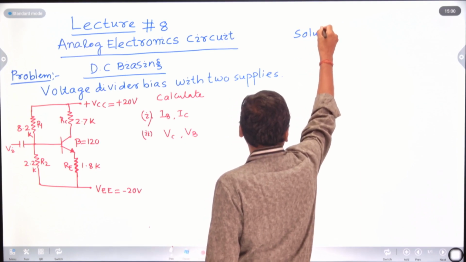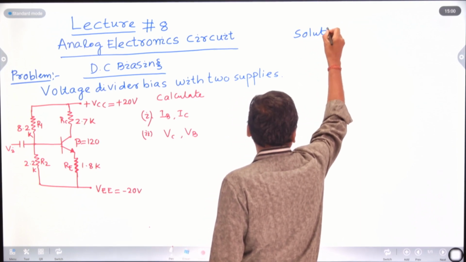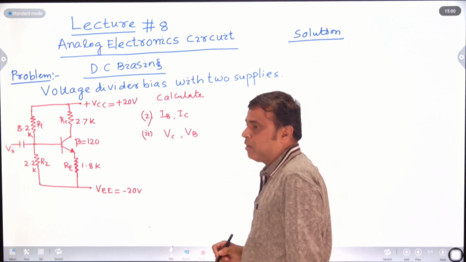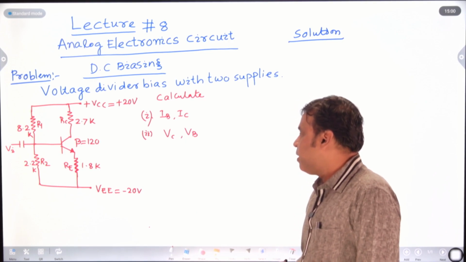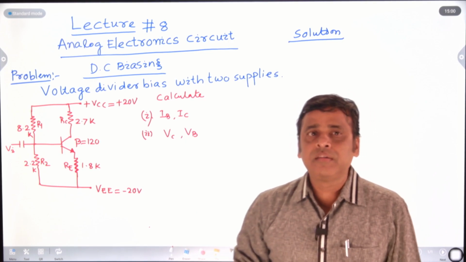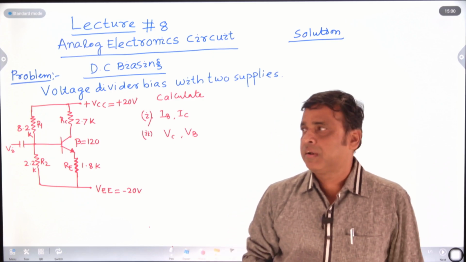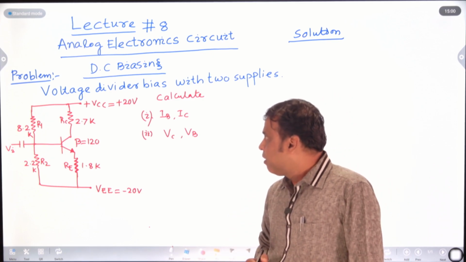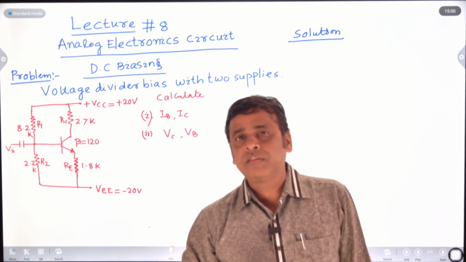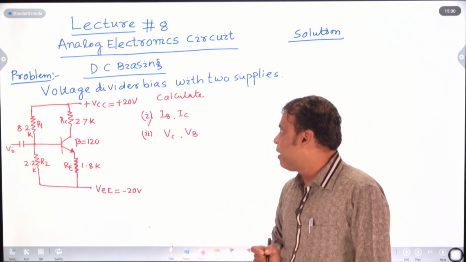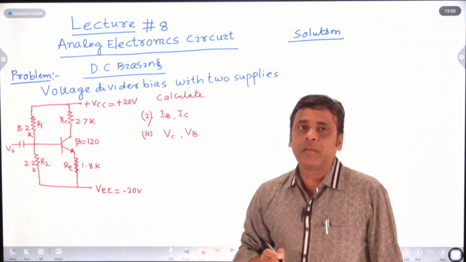Solution. Already I told you, in DC biasing of BJT, like voltage divider biasing, there are two analyses: one is approximate analysis and the second is exact analysis. In approximate analysis, the condition is beta R_E greater than or equal to 10 times R2. If this condition is satisfied, we will not go for a Thevenin's equivalent circuit.